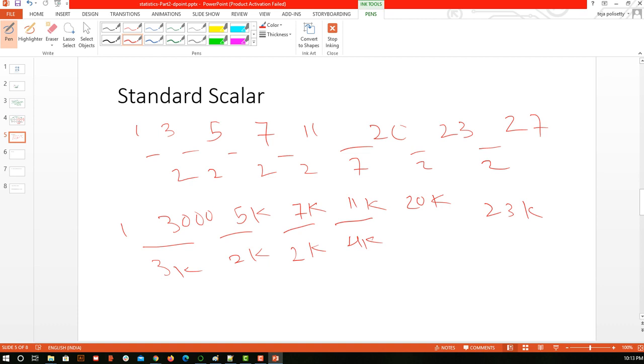In the first example the distance was very small, and in the second case the distance is very high. Our normalization is nothing but reducing the scale of the data set so that it is easy for creating the model.